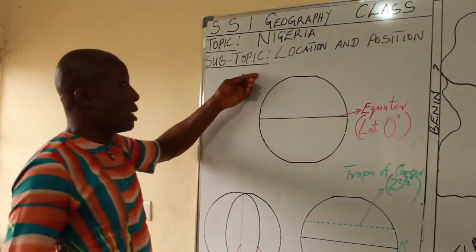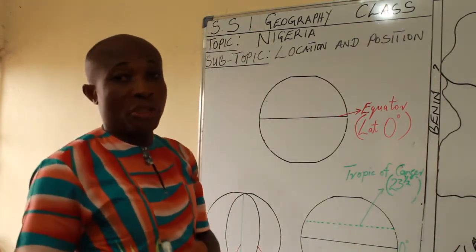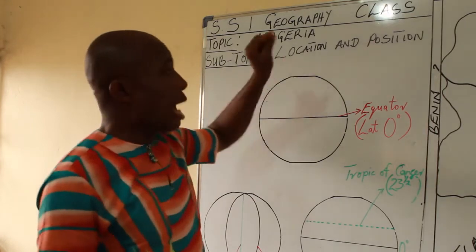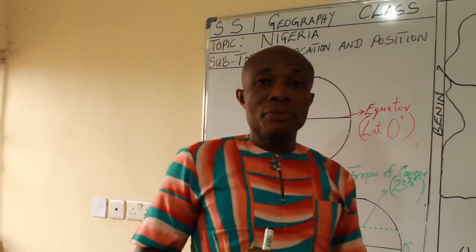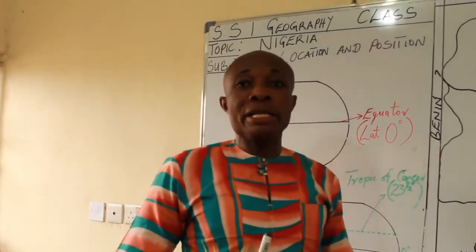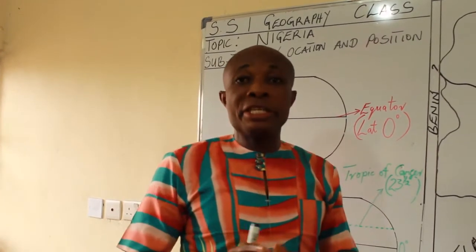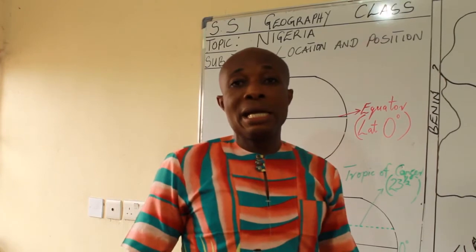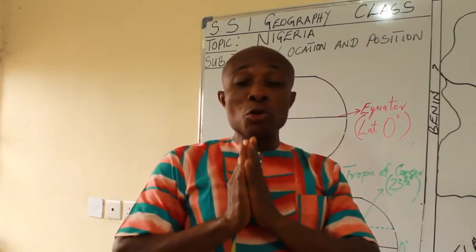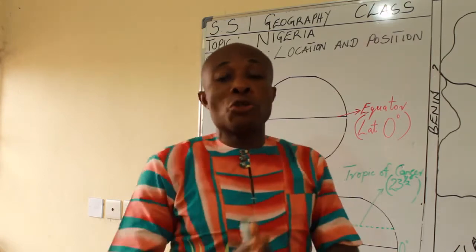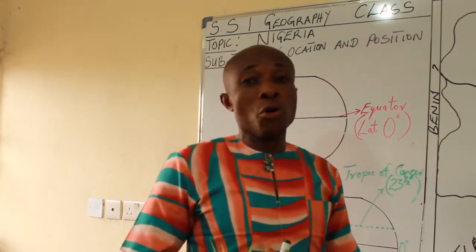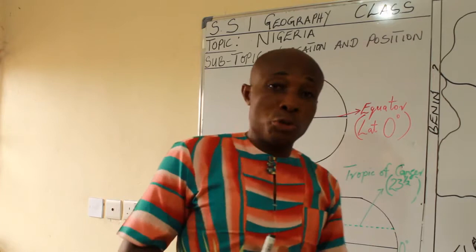And the subtopic where we are going to concentrate today will be location and position, because we are from Nigeria, and Nigeria is still in this world, or it still exists on this planet Earth. And there is every need for you to know where Nigeria is positioned or located on the globe. And that is what we are going to do today.